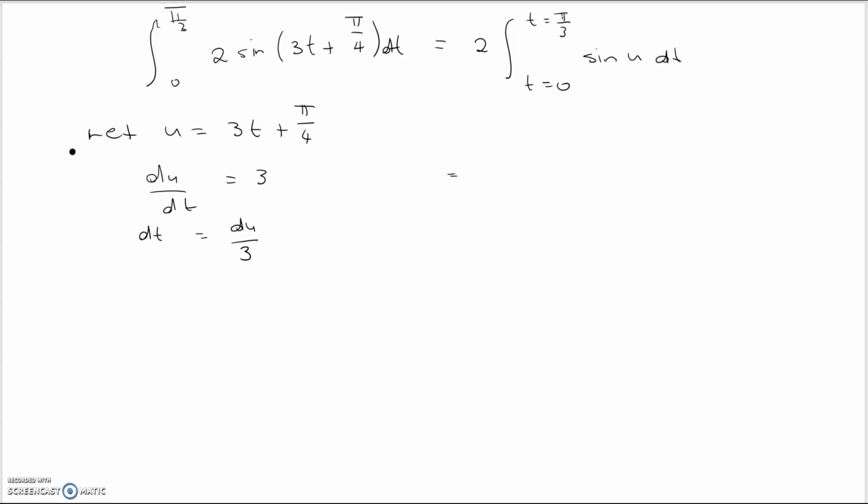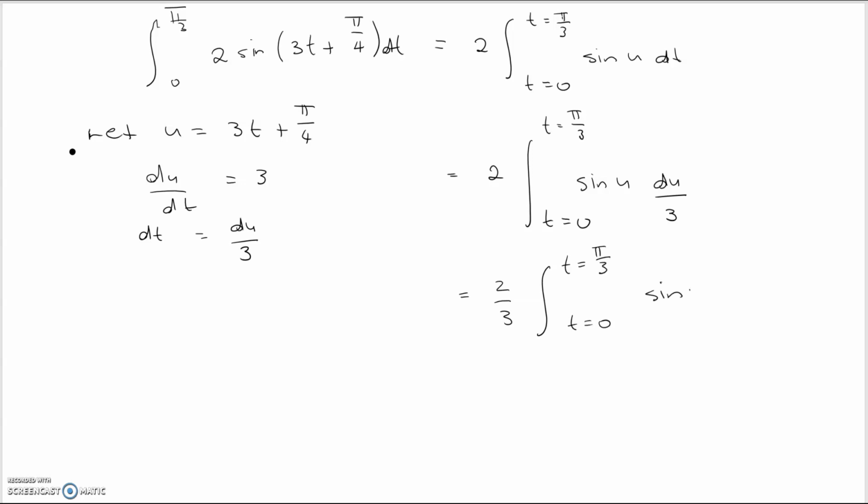Now putting all the bits in, and sine u, but we need du by 3, so 2 over 3. Now we're free to do the integration, but remember it's still the limits are in terms of t.